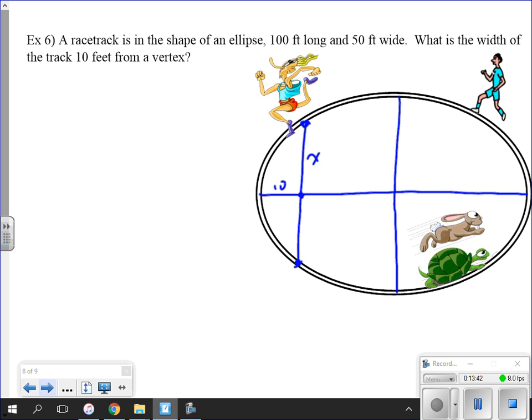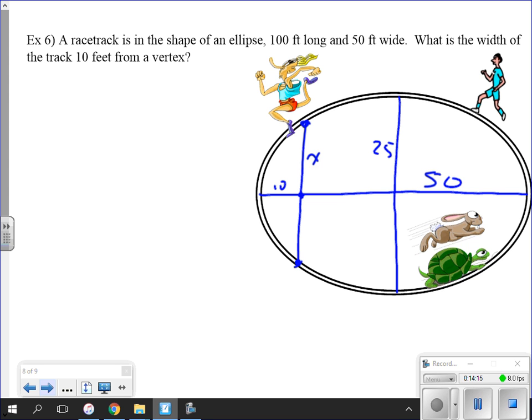Okay. So in order to do this, we can do anything we want. Let's make the assumption that our center is at the origin. Makes it easy, right? I don't have an x plus or an x minus something. I can just assume that the center is 0, 0. Got to figure out my A and B. Well, how long is it this way, lengthwise? So what's my A then? 50. And if it's 50 feet tall, what's my B? 25.